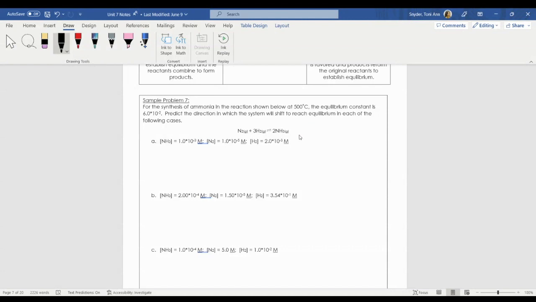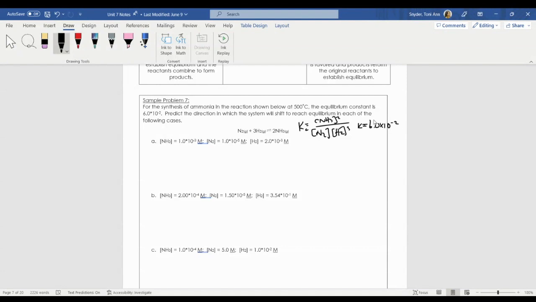First, let's go ahead and write an equilibrium expression. So it looks like my value for K is equal to, I am given concentrations here, so I'm going to use Kc. Concentration of ammonia squared over my concentration of nitrogen times my concentration of hydrogen cubed. So let's go ahead and plug these in right here. And it does tell me the equilibrium constant K is equal to 6.0 times 10 to the negative 2.